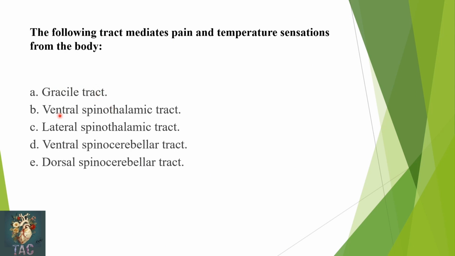Then the ventral spinothalamic tract is taking the sensation of fine touch. The lateral spinothalamic tract is taking the sensation of pain and temperature, and this is the correct option. And ventral and dorsal spinocerebellar tracts are taking the sensation of proprioception to the cerebellum. So correct option is C.